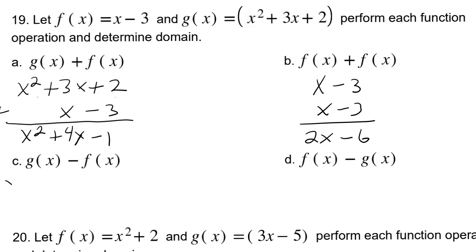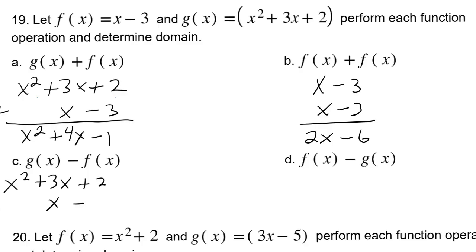g of x is x squared plus 3x plus 2 minus x minus 3, but everything that's in the parentheses has to change sign because you're subtracting.